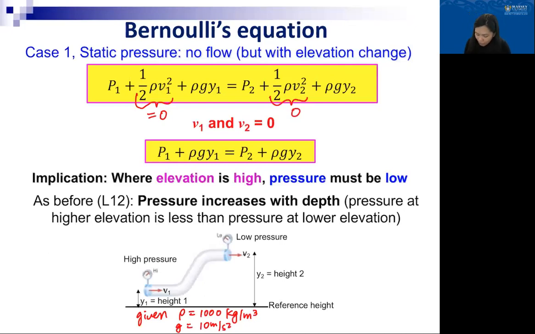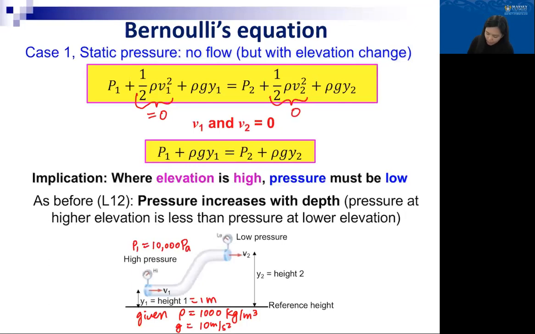At this lower end, P1, let's say the pressure is 10,000 pascals, and the height is 1 meter. Then we will change the height.